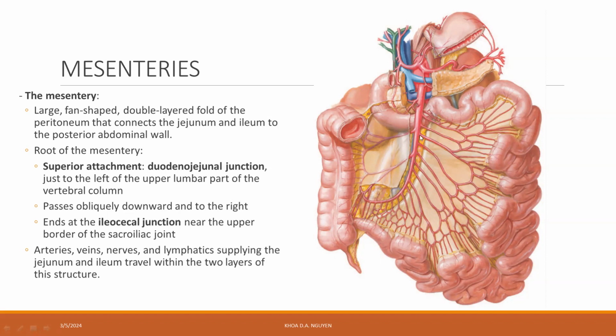You have to use the mesenteries, right? Because the mesentery is going to extend all the way from the retroperitoneal region all the way here and attach to the coils of the small intestine, which are intraperitoneal. Okay, and so you have to travel within the layers of the mesentery. That's a rule. Okay, think about this more and you find it makes sense.